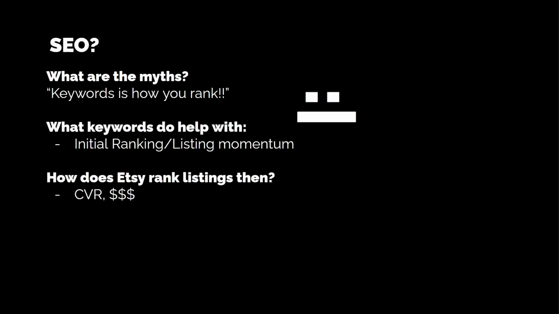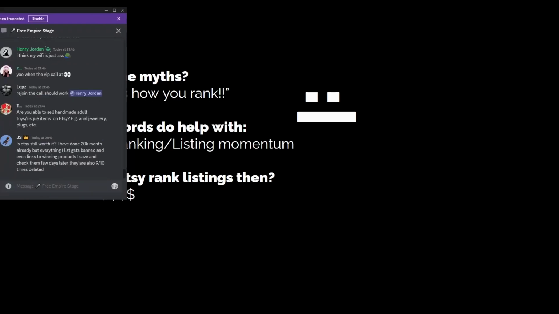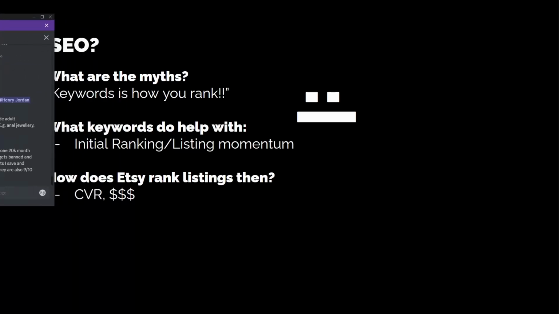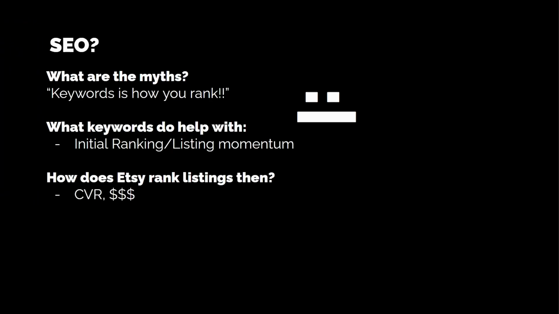What have you just put in the chat? Okay, maybe I shouldn't read this out. Are you able to sell? Okay, yes, you are. I suggest you read the Etsy TOS on those products. To be honest, the main issue is that you can't put stuff in the thumbnail, but everyone does it anyway.